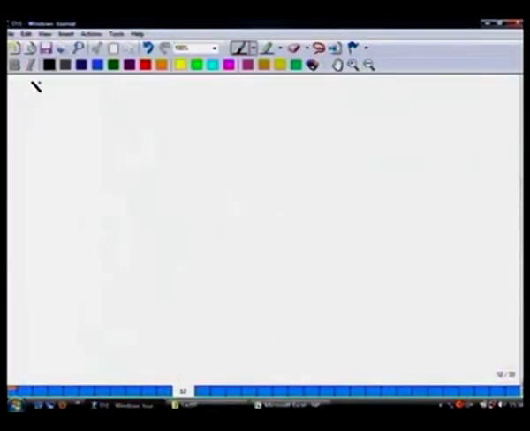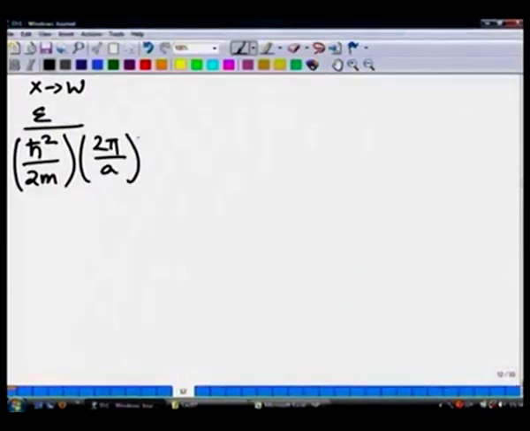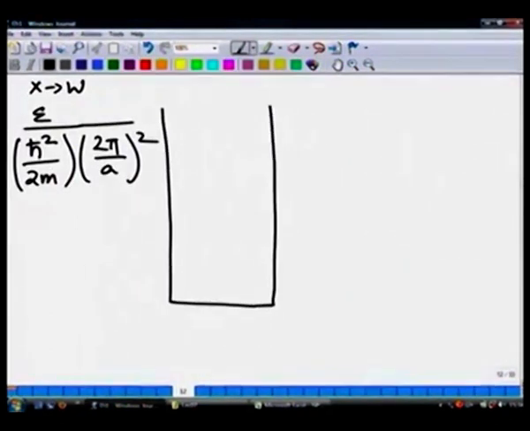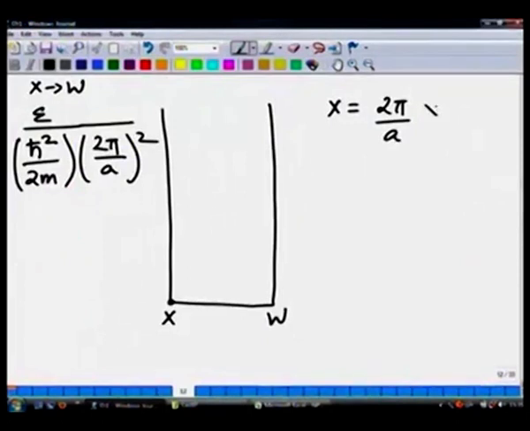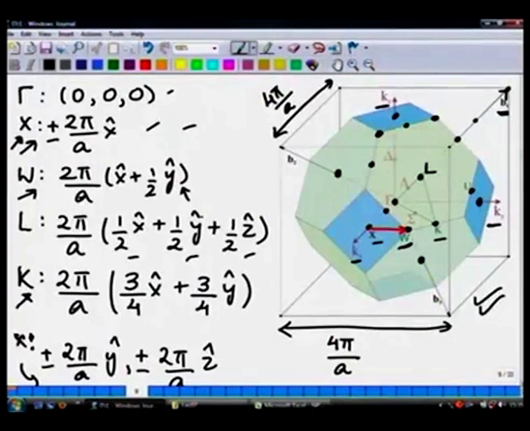Now, suppose we want to go from X to W. That means I want to plot similarly this energy versus h square by 2m times (2 pi by a) whole squared, when my points vary from X to W. And remember, the X point was equal to 2 pi by a x hat, and the W point was equal to 2 pi by a (x plus half y).